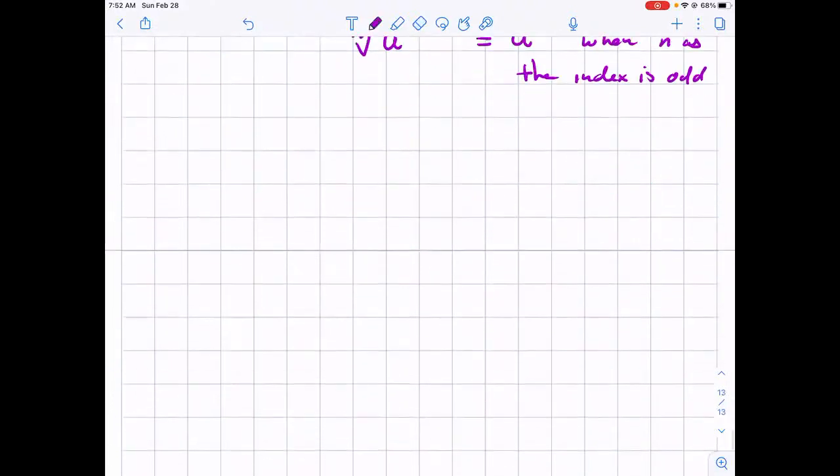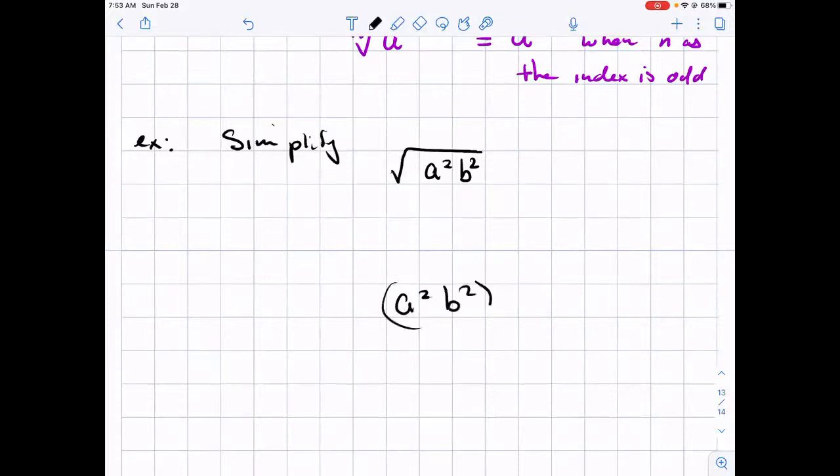Now, if I ask you to simplify, for example, the square root of a squared b squared. Now, this is the same as a squared b squared to the 1/2 power.